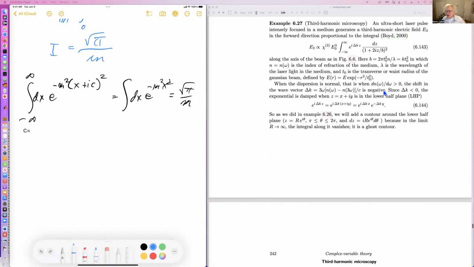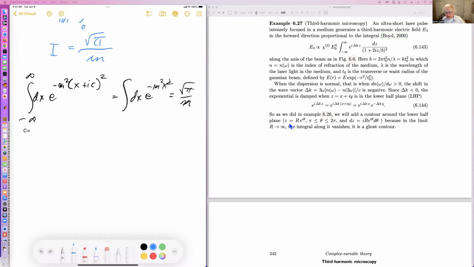And for normal dispersion, the index of refraction increases with increasing frequency. And so then delta k, which is defined as this, is negative. And since that's negative, this exponential is damped when you're in the lower half plane.